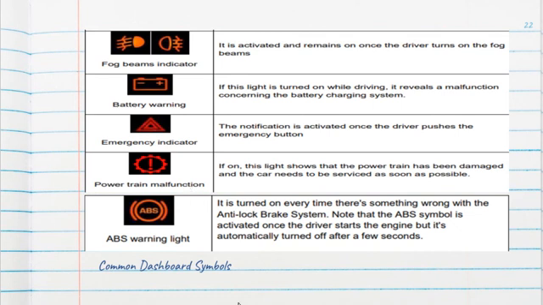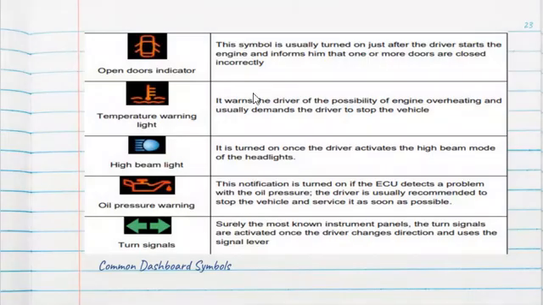Okay. Then we also have the open doors indicator. This symbol is usually turned on just after the driver starts the engine and informs him that one of the doors is not properly closed. Temperature warning light: it warns the driver of the possibility of engine overheating. Then high beam light: it's turned on once the driver activates the high beam mode of the headlights.